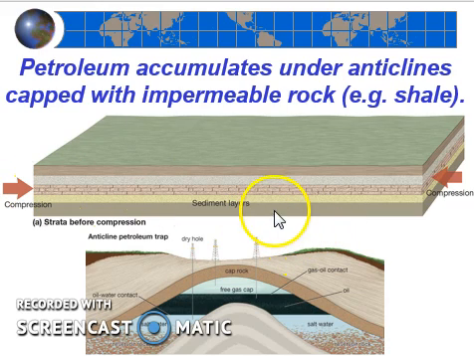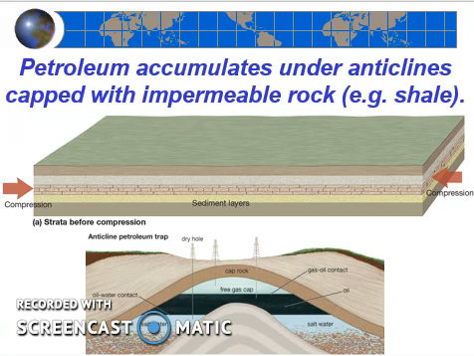If the layers were flat, there would be diffuse oil and natural gas all throughout the region underneath the shale. But when there's anticlines and synclines, as the oil and gas migrate up, they encounter the shale and keep moving upward until they're directly under an anticline.